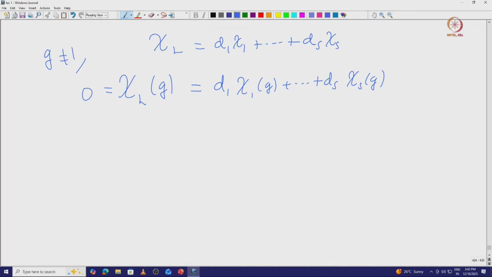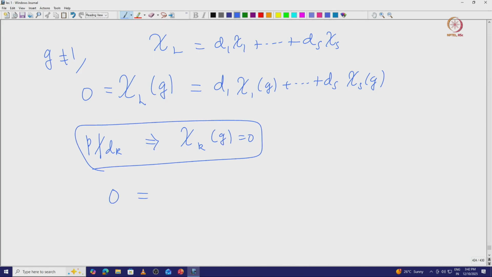This is because chi_L is nothing but d_1 chi_1 plus etcetera plus d_s chi_s. Now you can see that whenever p does not divide d_k, we have chi_k of g is 0. So, using this we conclude 0 equals, since d_1 is 1, we keep 1 separately, plus the summation over k from 2 to s such that p divides d_k, of d_k chi_k of g.